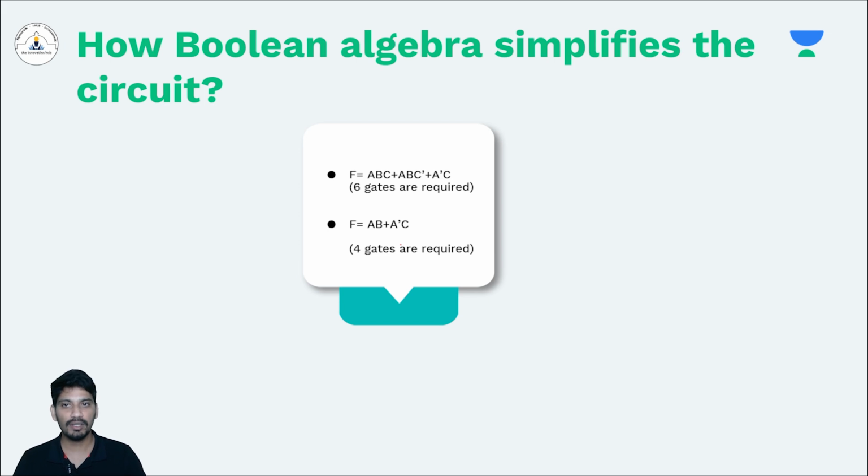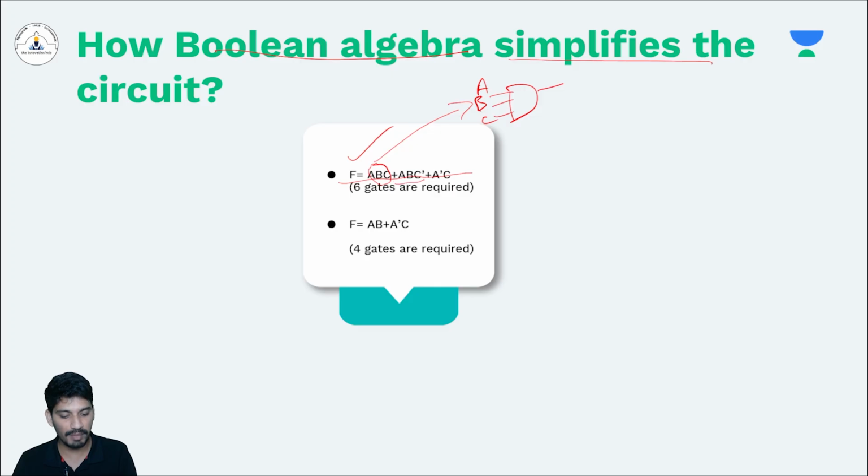So now we will see how Boolean algebra will help you simplify circuits. Let's say my function is abc plus abc bar plus a bar c. In order to implement this function, how many gates will I require? To implement abc, I will require a 3 input AND gate, right?